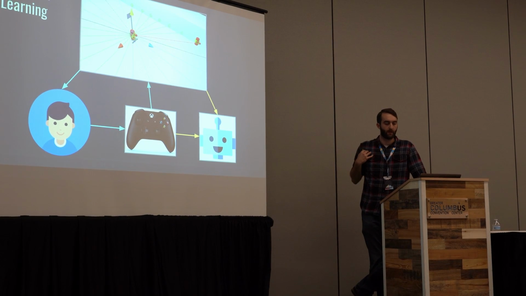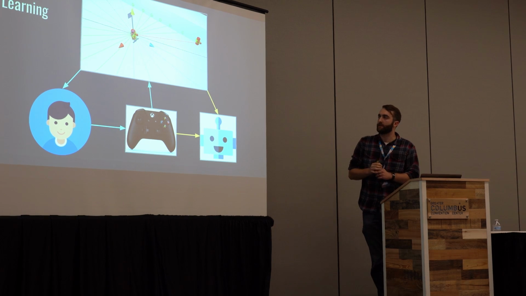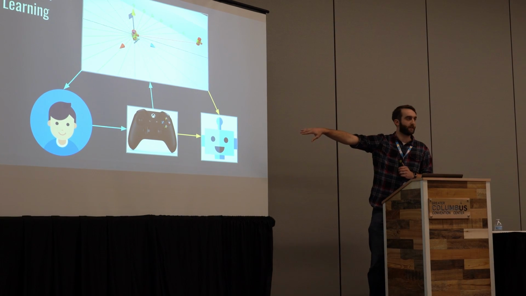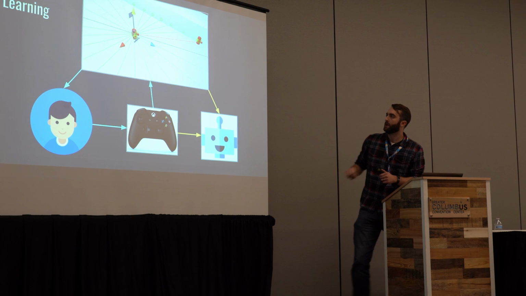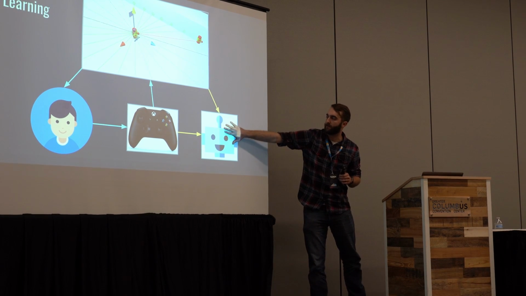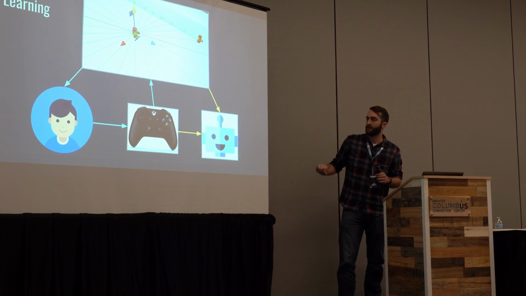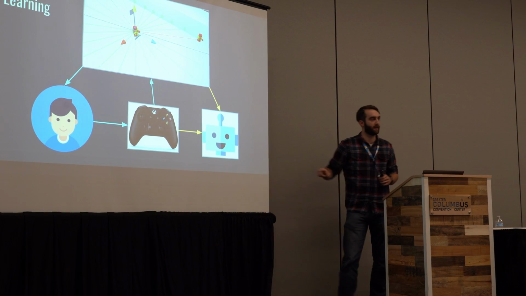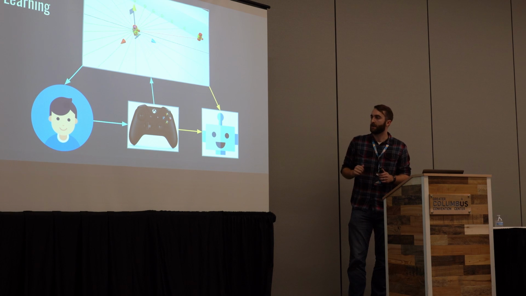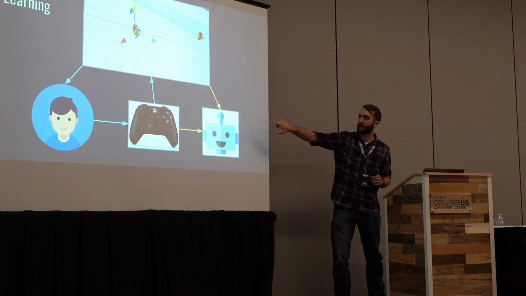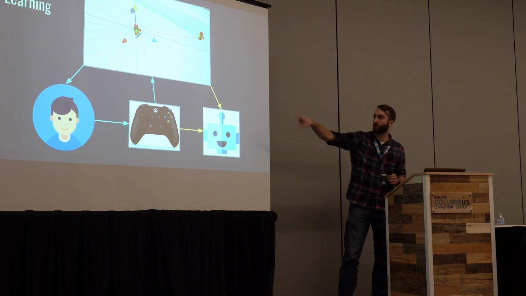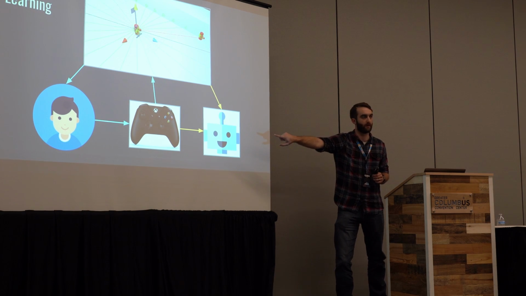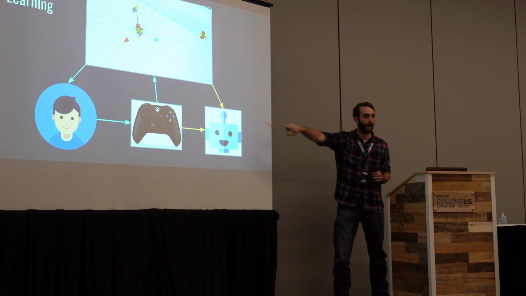So what we can do as the game developer is feed that same information to a machine learning algorithm. We basically take the state of the game and feed it to the AI, and then we take the inputs that the player made and feed that to the AI as well. And the machine learning algorithm can then learn the connection between what is in the world and what the player is doing, and can basically become a copy of you.